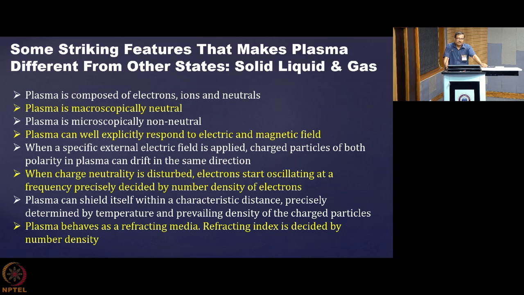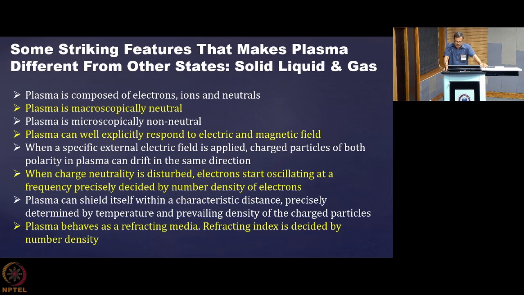That is, if you go to a smaller and smaller volume, a stage will come when you will see that you are now able to see the bare ions or bare electrons. And at that time, they are actually non-neutral. So there will be some minimum volume requirement beyond which you will be able to say that the plasma is neutral, but not within that volume.